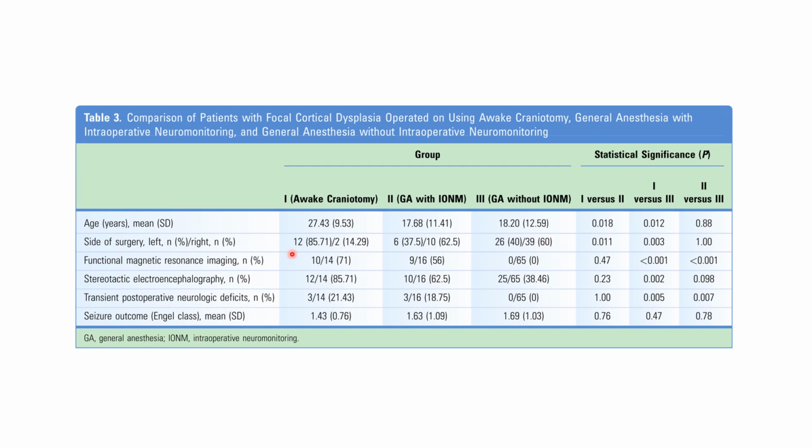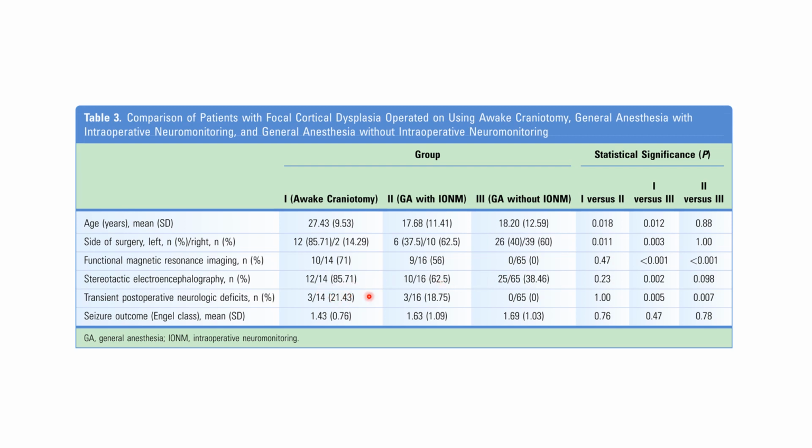Site of surgery was again predominantly on the left side with awake surgery. So 85% of awake craniotomies were with left-sided lesions, which difference was statistically significant.